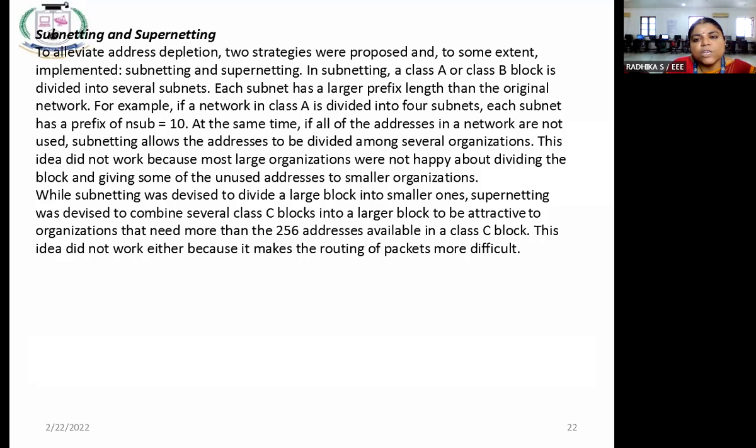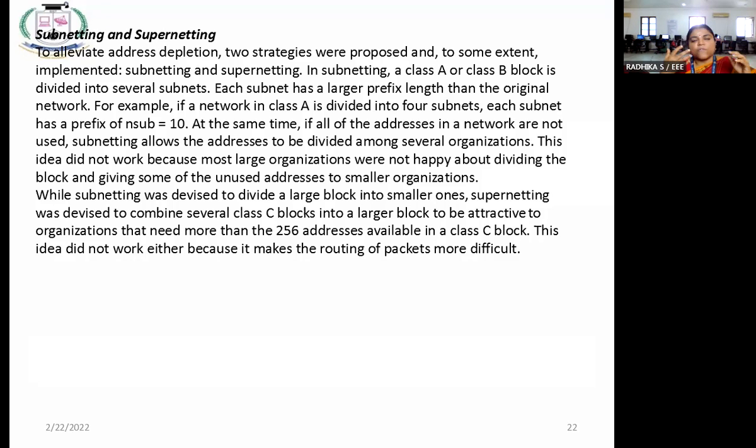What they did with subnetting is, even if you take class A or class B, the entire network is not taken as such. It is internally subdivided into smaller units, and each is called a subnet. So when I take class A, the class A network is divided into smaller subnets, so that we can allocate a subnet to an organization.